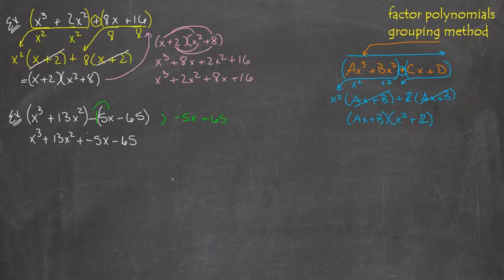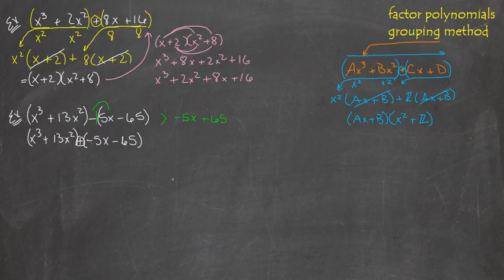But now when I group, because it's a plus sign out front, I'm not changing the value. The negative 5x continues to be negative like in the original, and 65 remains negative like in the original. So you always have to make sure that you have that plus sign in the middle. And if not, you just turn it to a plus minus and then do your grouping and you're good to go.